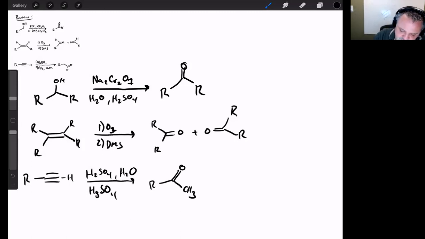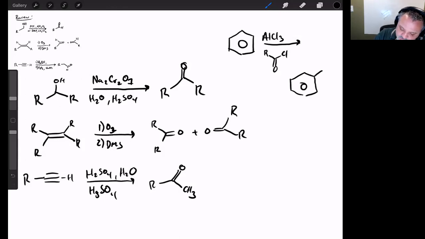And then one last little bit, just a reminder, we just learned how to use an acid chloride to do Friedel-Crafts acylation. So that's also a way to make a ketone. And those are a good summary of the different ways that we know to make aldehydes and ketones.